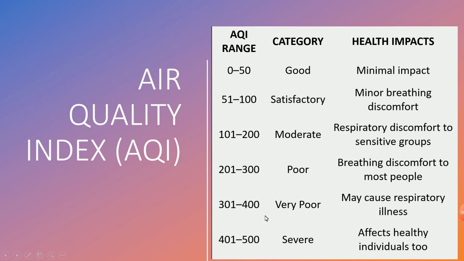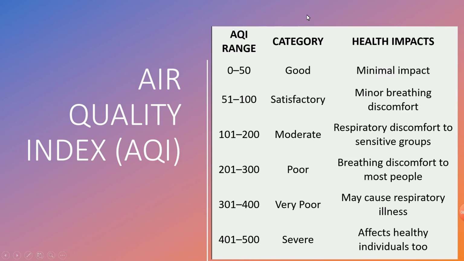Most of the cities where they have pollution problems mostly come under either of these two, and to some extent, at some point of time, they have reached in between also. So these are the very dangerous things, and we strive to maintain our own lifestyle without damaging the environment.